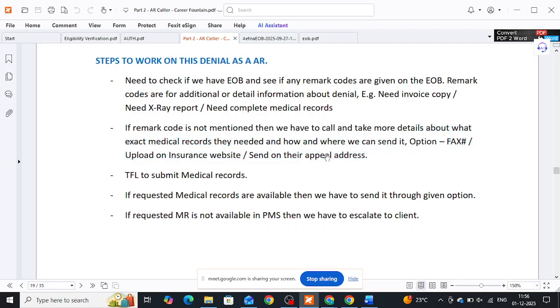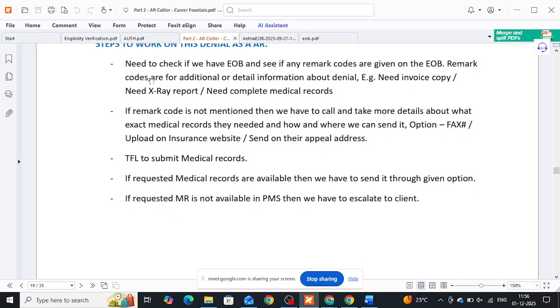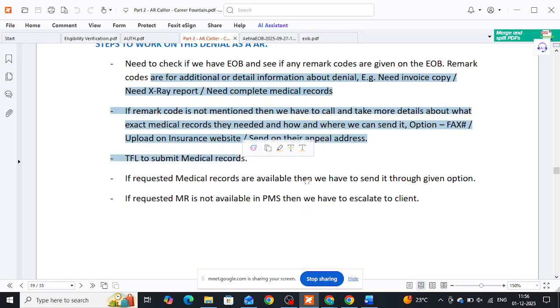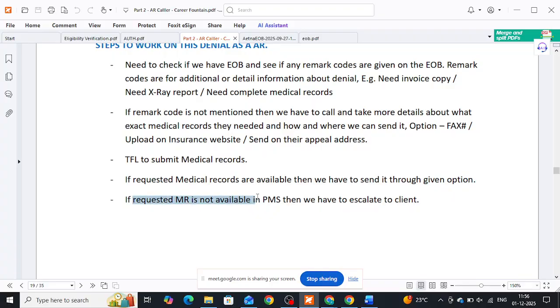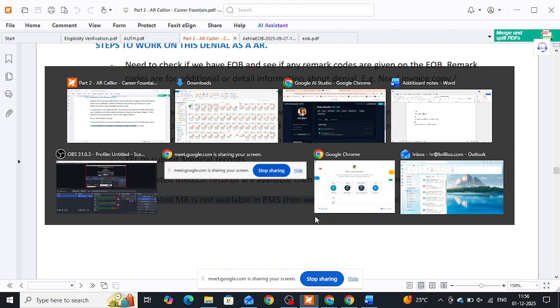Send the medical record, and also ask what the timely filing limit is to submit a medical record. If the requested medical record is available in the system, then you are only responsible for sending that medical record. If the requested medical record is not there in the system, then we have to escalate that to the client.